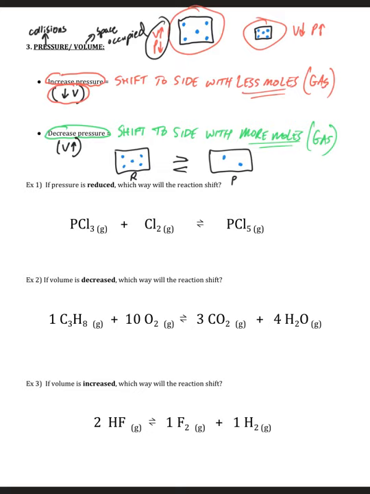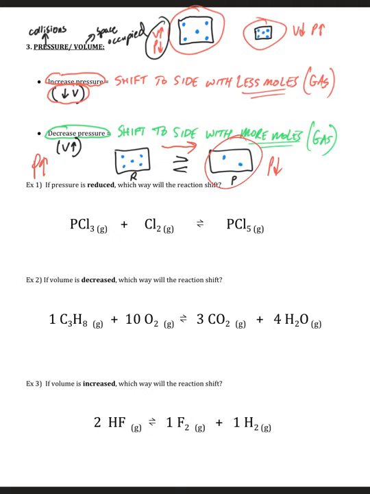Well, if pressure is increased for this reaction, the reaction is going to find a way to decrease that pressure to reduce the effect of that stress. Well, in order to decrease pressure, it's going to shift to the side with less moles. And that's because less moles is less pressure, which will balance out that stress that was placed on the reaction. Less moles, less collisions, lower pressure.